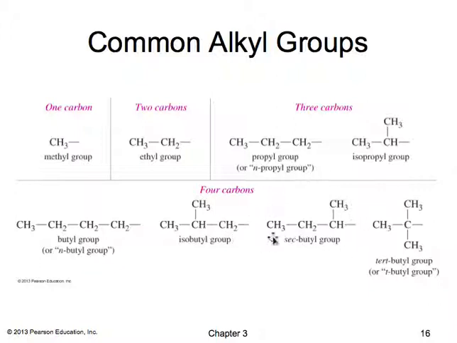You can have sec-butyl, which means secondary butyl. Here the substituent is coming off the butyl group's chain that is attached to the main chain. And this is a tert-butyl group, or a tertiary butyl group, or t-butyl group.